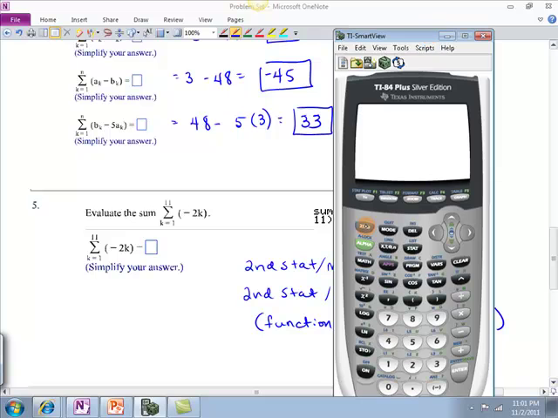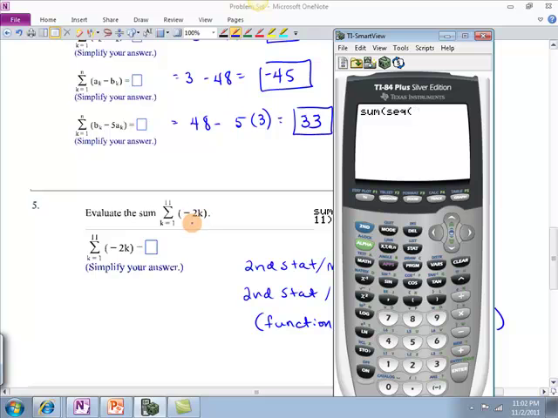Okay, so we'll do second stat, we'll go over to math, and we'll choose sum, number 5. Then we'll do second stat, we'll go over to ops and choose number 5, which is sequence. Then we've got to put in the function.